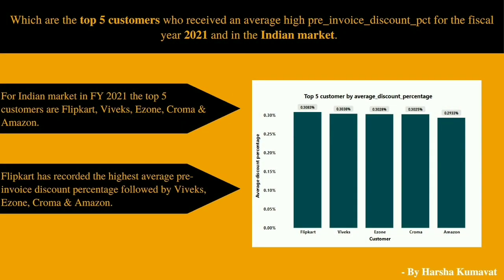When we visualize the data, we get to know that for the Indian market in financial year 2021, the top 5 customers are Flipkart, Viveks, Ezone, Croma and Amazon, and Flipkart has recorded the highest average pre-invoice discount percentage, followed by Viveks, Ezone, Croma and Amazon.